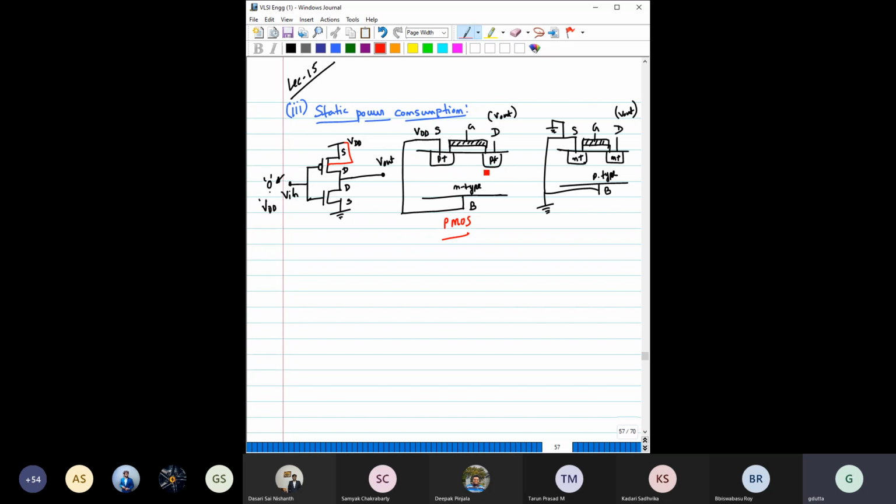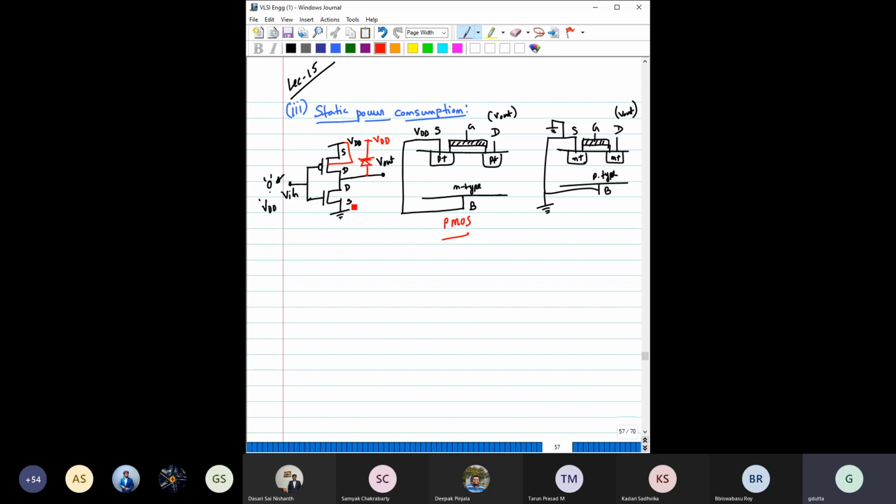So we can represent this as a diode connected with VDD, and this diode would be in reverse bias when V out is lower than VDD. That will also have some leakage current, right?